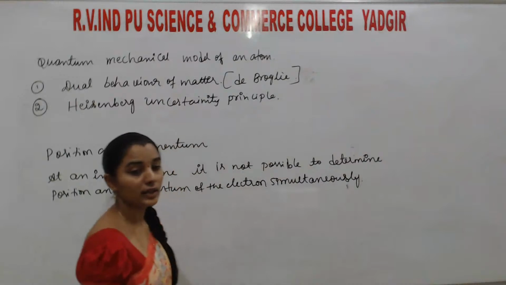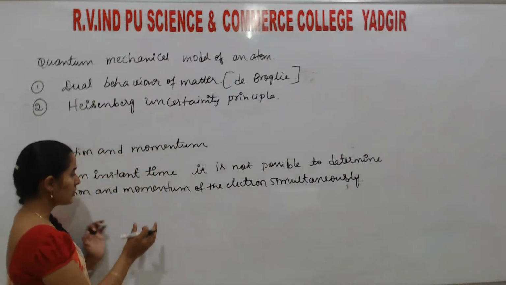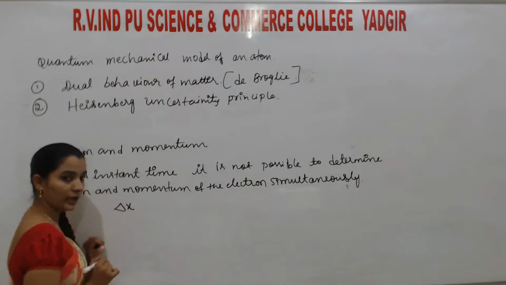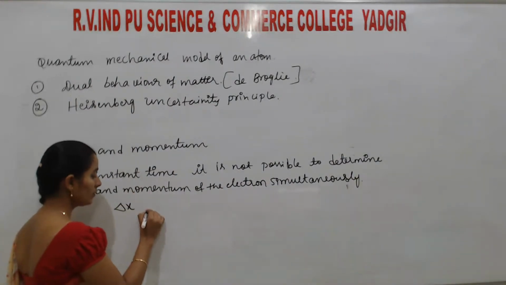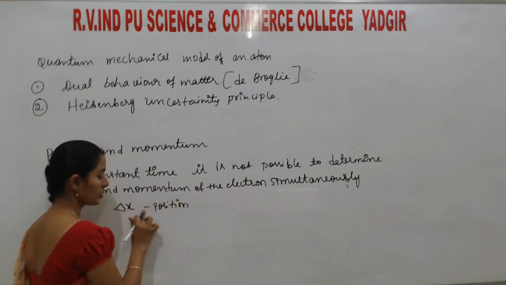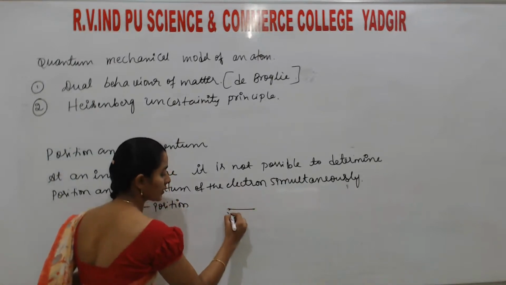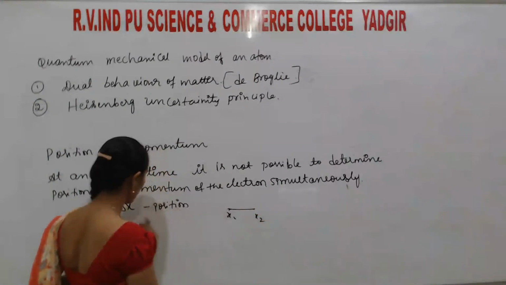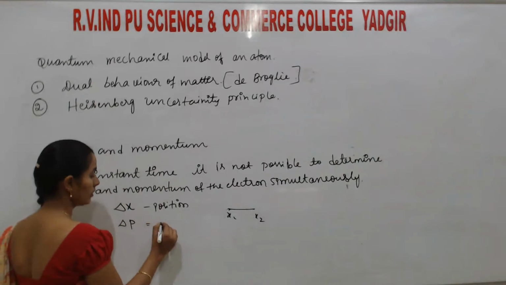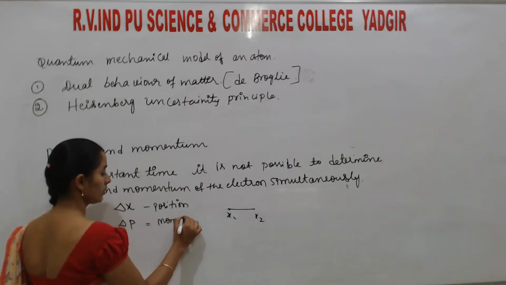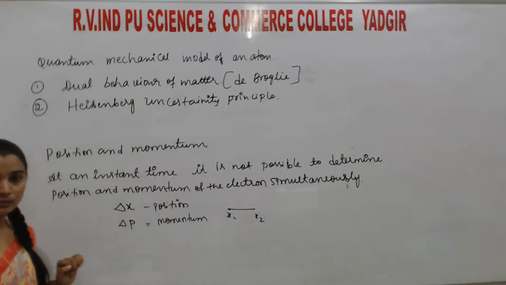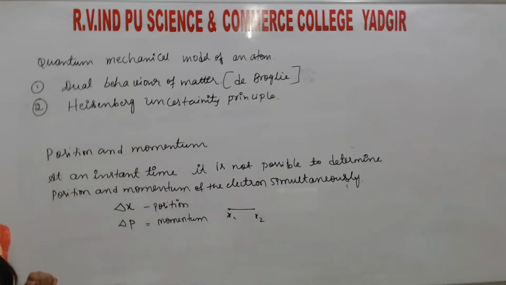This is the uncertainty principle. So students, here position is represented by delta x, meaning change in position. From here to here, x1 is there, x2 is there, x1 minus x2 is delta x. Similarly, momentum is delta p, which is an uncertainty value.